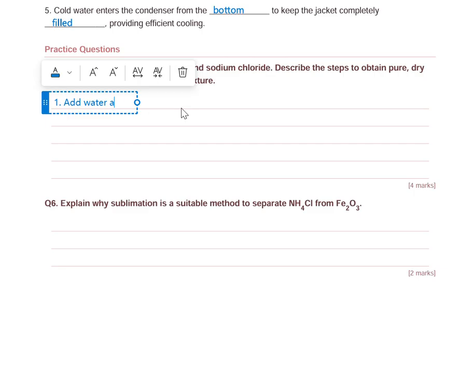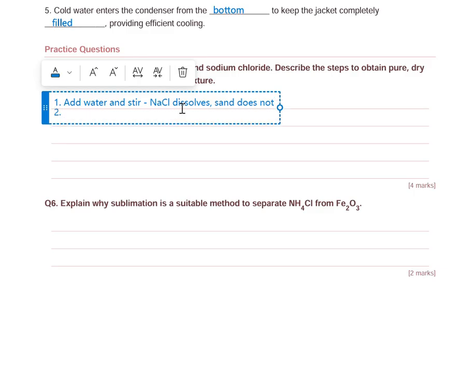So the first step is to add water and stir. NaCl dissolves, sand does not. Step 2 is to filter it.